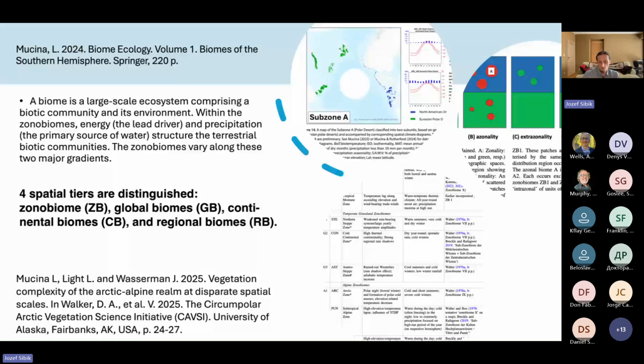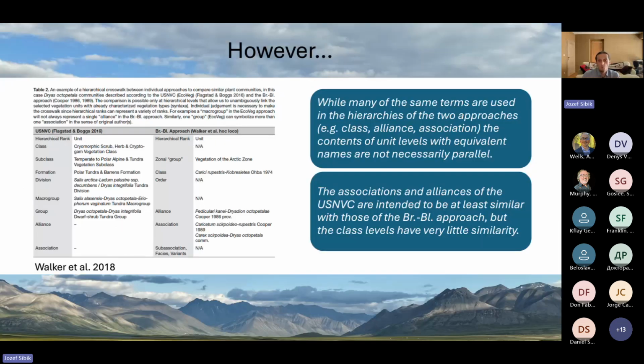I think these are all very good initiatives that are very important because vegetation is a proxy for all things that happen in the world. So we somehow have to classify these units into meaningful boxes.